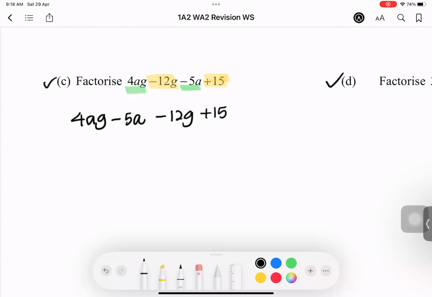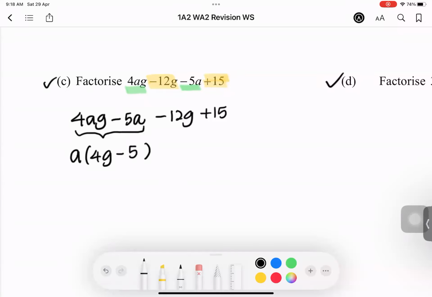Next person, Shakira, can you tell me what is the common factor over here? 4AG minus 5A. Which letter is common? A. Yes, very good. Then what am I left with in the bracket? 4G minus 5.